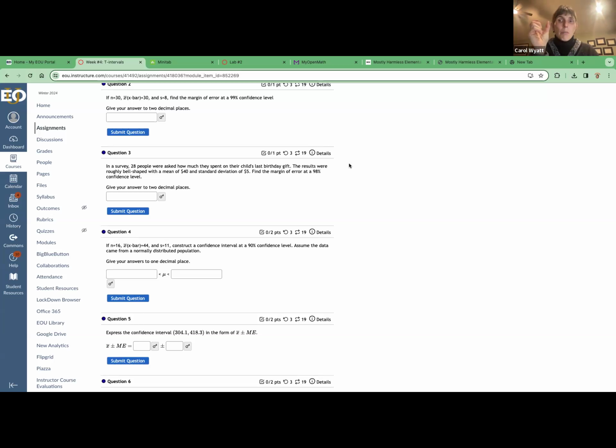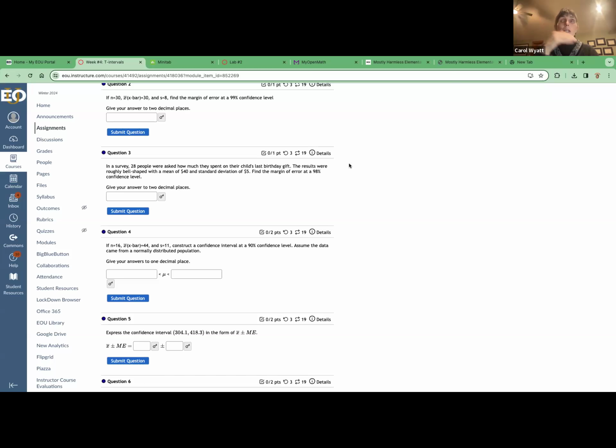I want the middle 98%. So I want the bottom 1% or the top 1%. So I'm going to go with that bottom 1%. So 0.02. Degrees of freedom here would be 27, 28 minus 1. I'm going to paste. And my t critical value says negative 2.47 here.